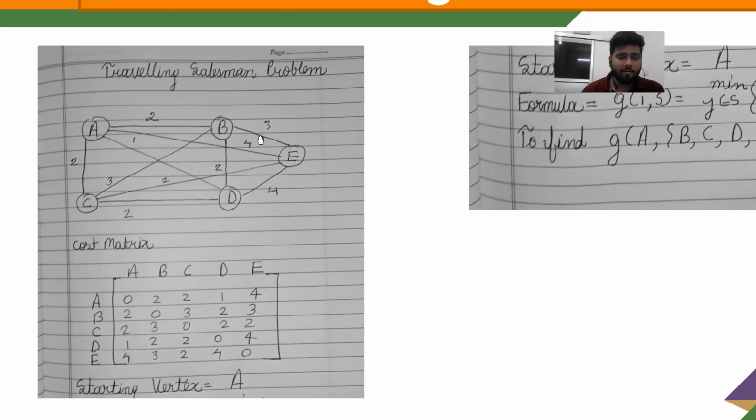By using this concept, we can apply the same logic to G of C comma B also.